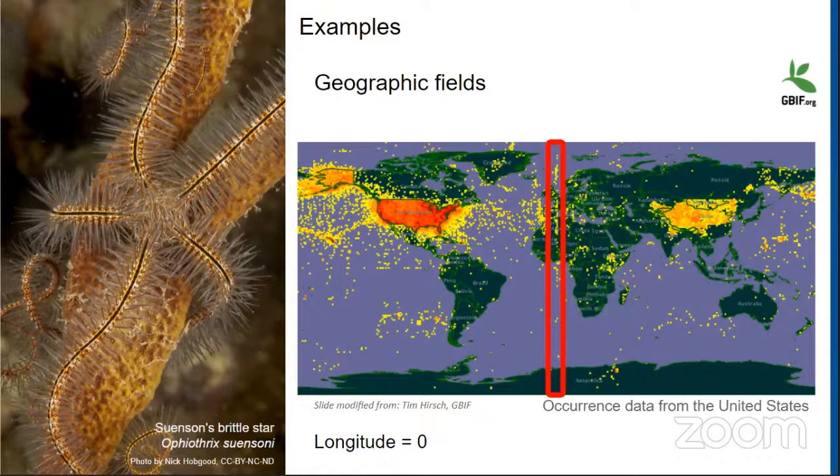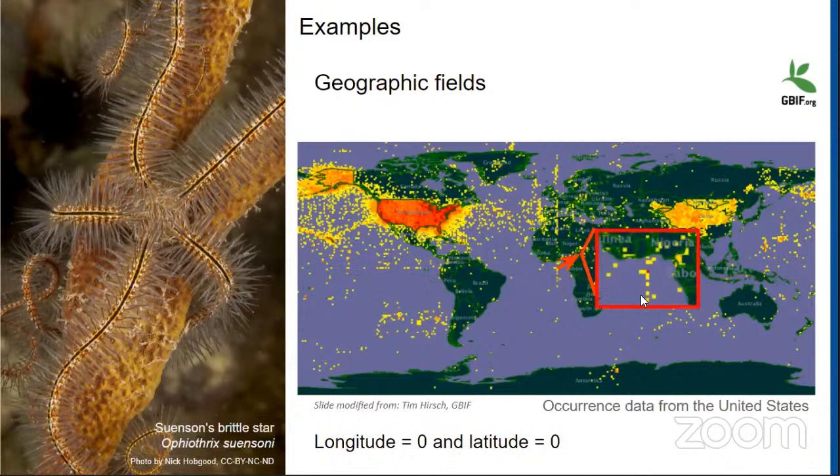I imagine that you know what's coming next. The same thing happens for latitude. So we have a series of points here that have 0 latitude. Again, some of those might be correct, but probably many of those are just an artifact. And then if we look in the middle of the screen, right there, there is a very red spot. It's very teeny here, and this corresponds to 0, 0.